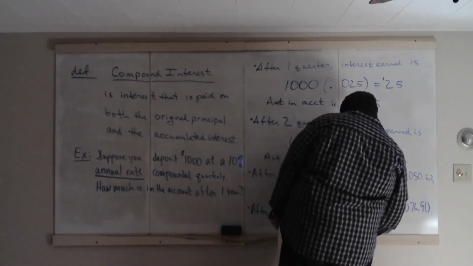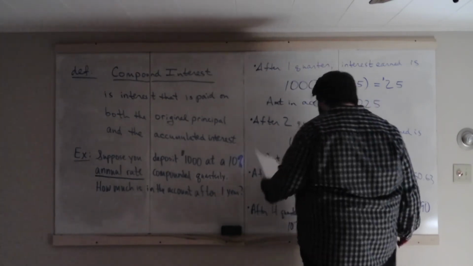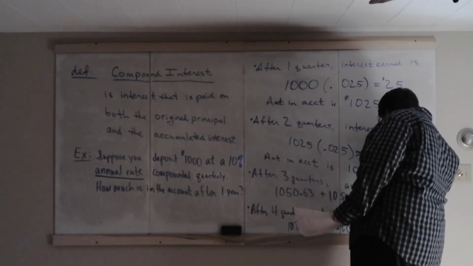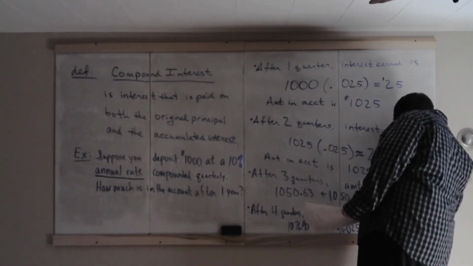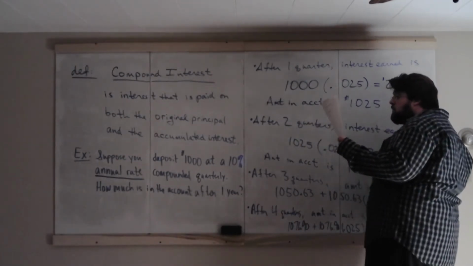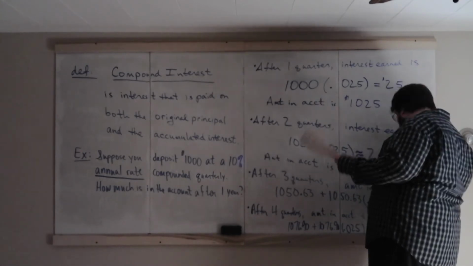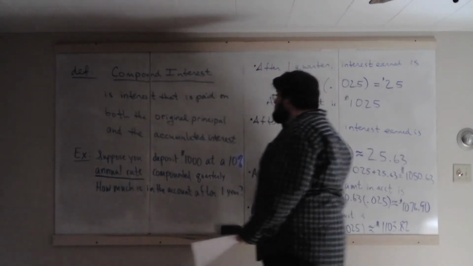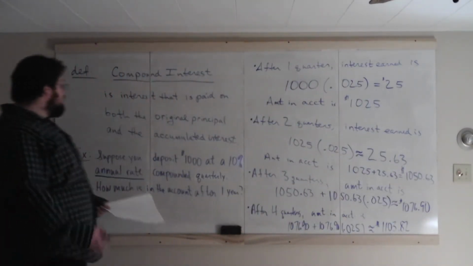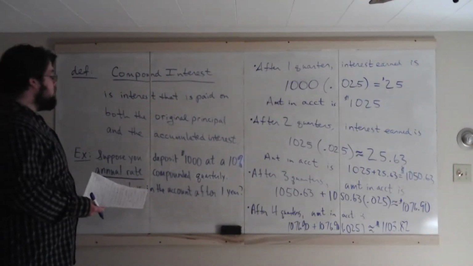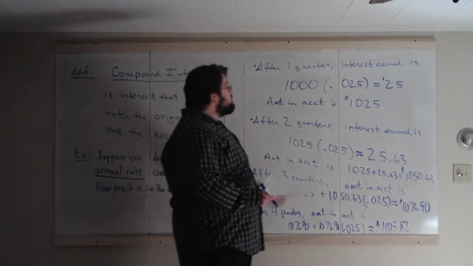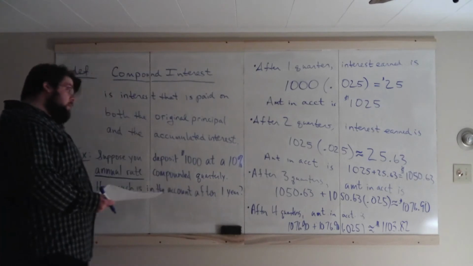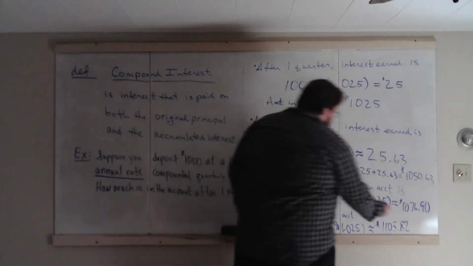So that times 0.025, and that equals approximately $1,103.82. So right here, compounding quarterly means it compounds after each quarter, and you have to divide your year into 4 pieces.